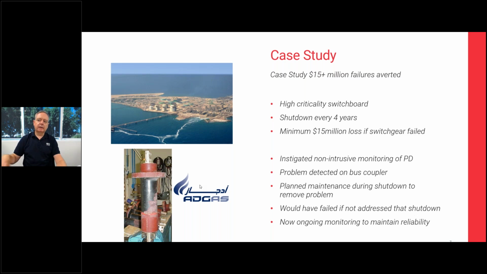So they used that condition monitoring in advance of the shutdown to target their activity, to get the components in time, because they've got a 2-week shutdown every 4 years, and to replace that, and they never had any issues. So that's a minimum of a $15 million loss avoided. In that particular instance, where it was on the most critical component of that switchboard, that could quite easily have expanded into many more millions of dollars on top of that, especially if you weren't able to get the components easily and quickly.